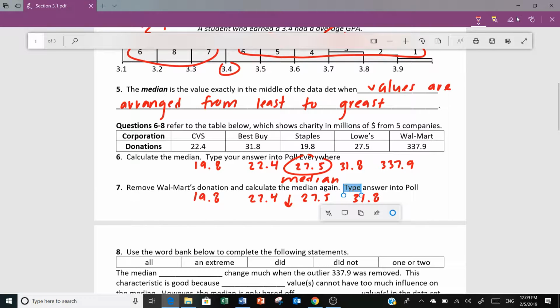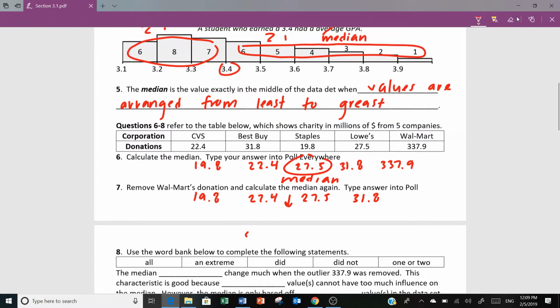How do we find the middle number between two numbers here? Good. You have to add the 22.4 and the 27.5 and divide it by 2 to find the point in the middle. So when we do that, I'm just going to do it down here. 22.4 plus 27.5 divided by 2, that's 24.95.